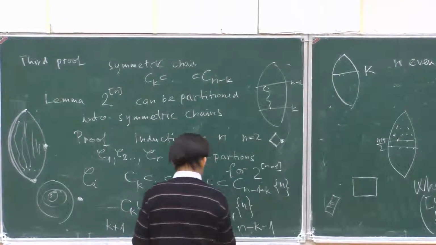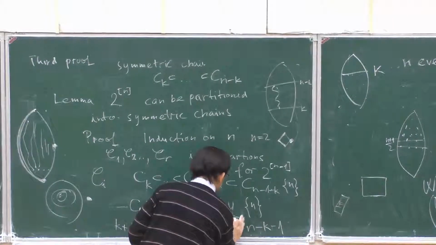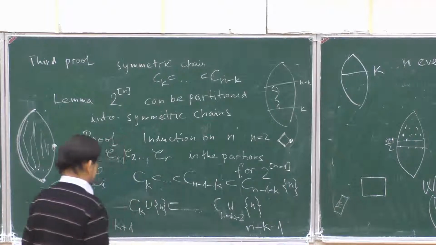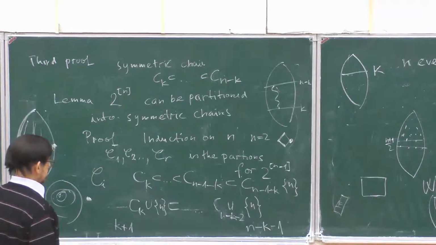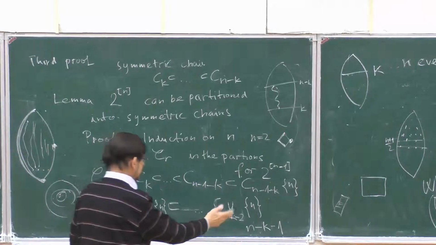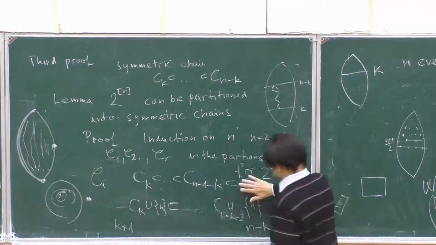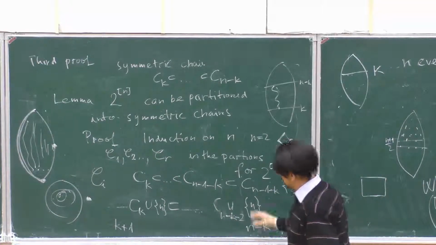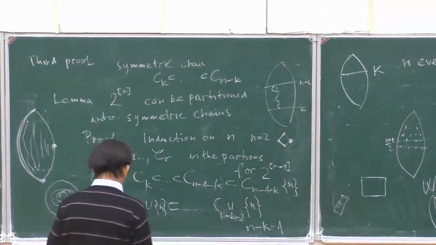They should be disjoint. So here we need n minus 1 minus k minus 1. So we delete the last one and add this n only to those one.